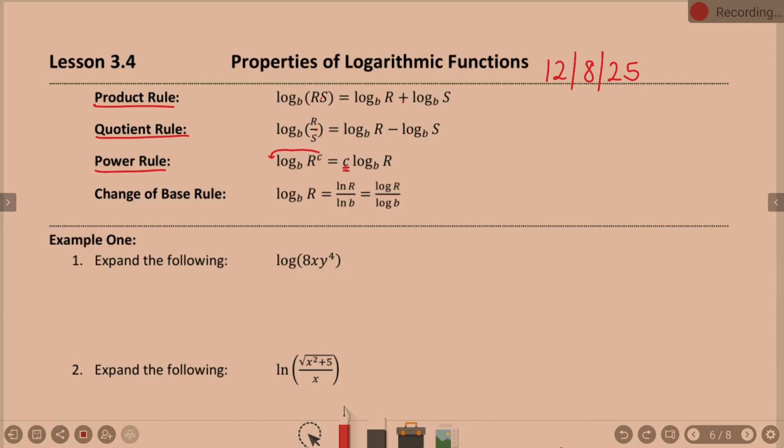Okay, so now this third one, change of base rule. This is the one that allows you to do a log of any base on any calculator. So the idea here for the change of base rule, log base b of r. Well, depending on what base that is depends if you have a calculator button, right?